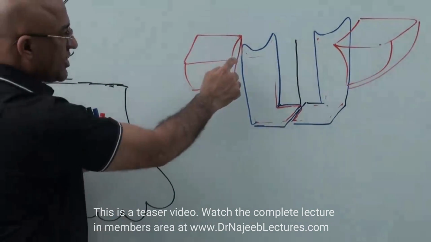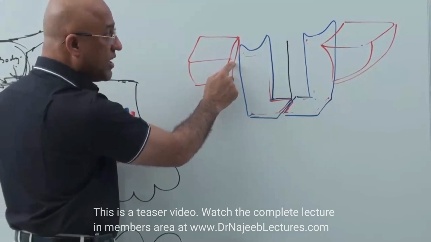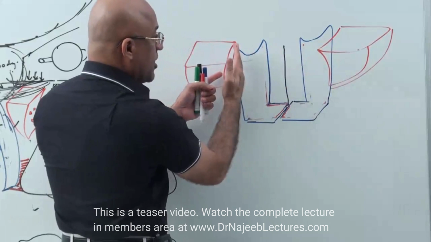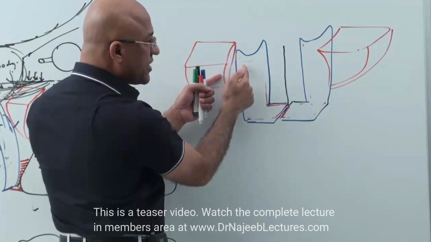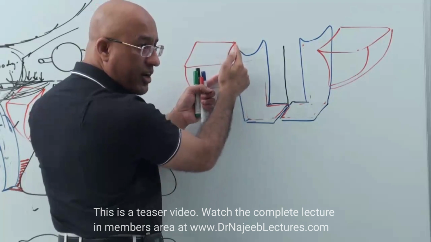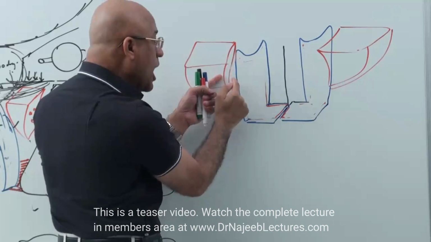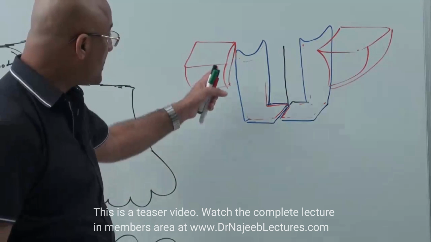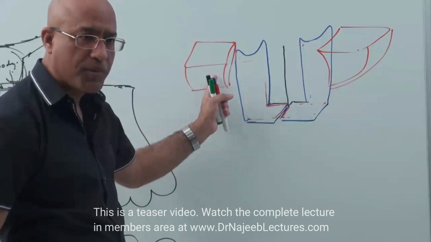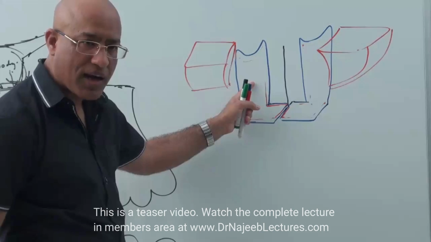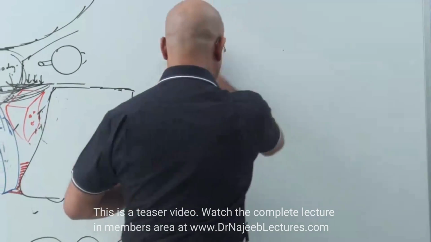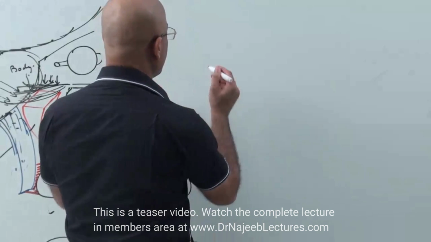Now, you can see this is the medial side of the pterygopalatine fossa. This is also the medial side of the pterygopalatine fossa. And the boundary, what bone is on the medial side? Perpendicular plate of the palatine bone, the upper part of the perpendicular plate of the palatine bone. Yes. Right? So the medial wall of this fossa is made by the upper part of the perpendicular plate of the palatine bone. I will make this structure again so it becomes more clear.